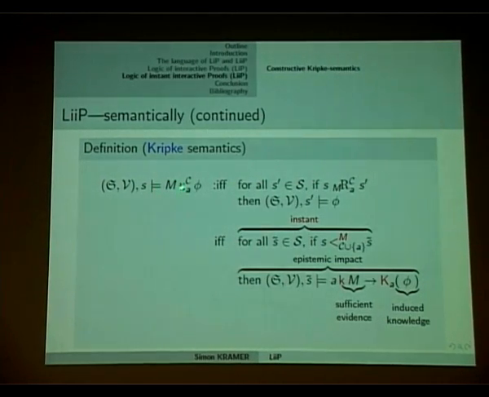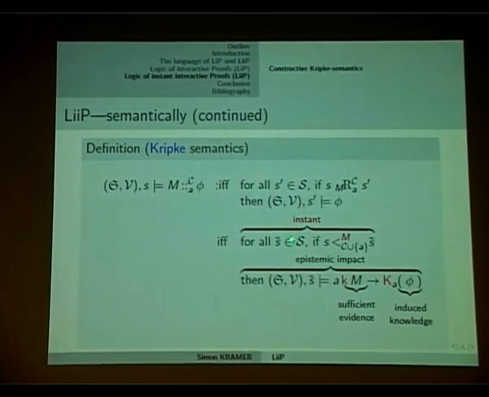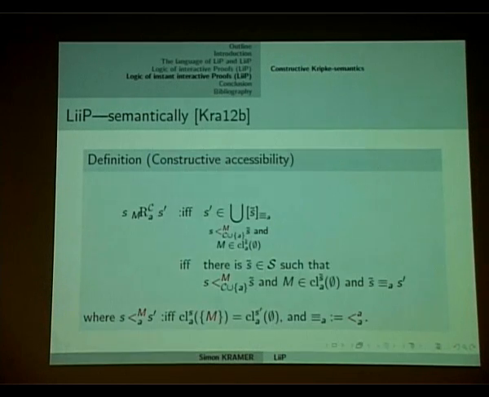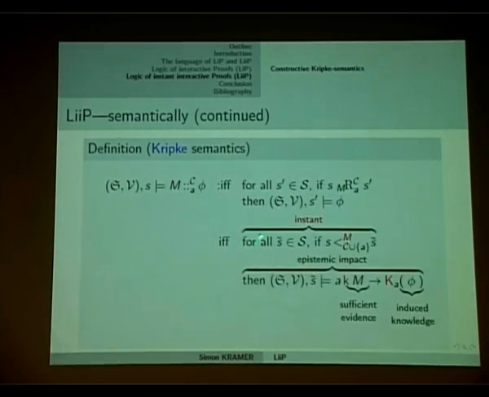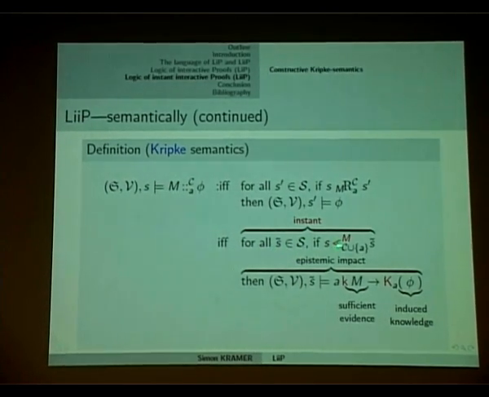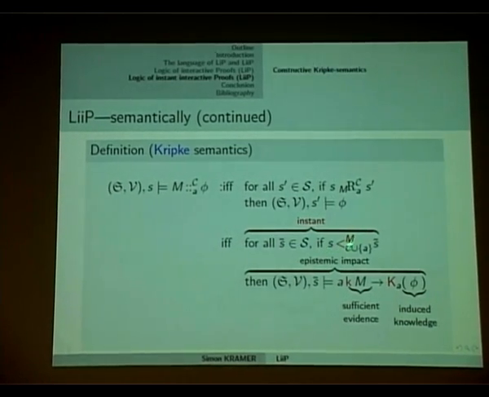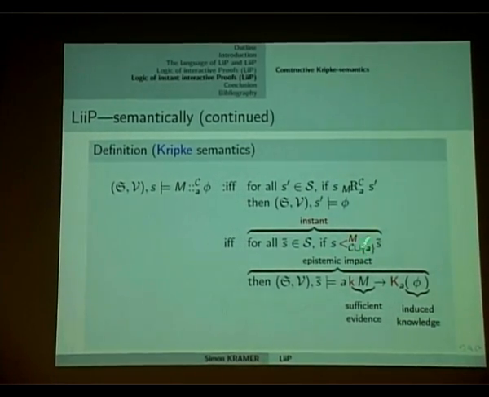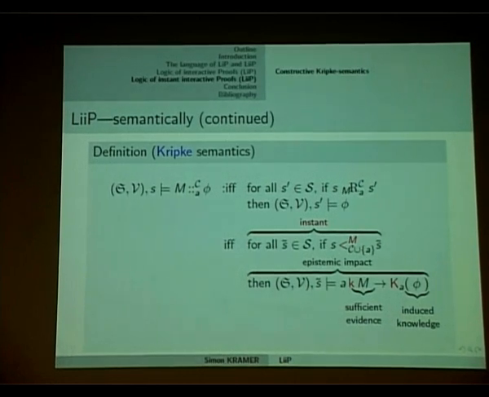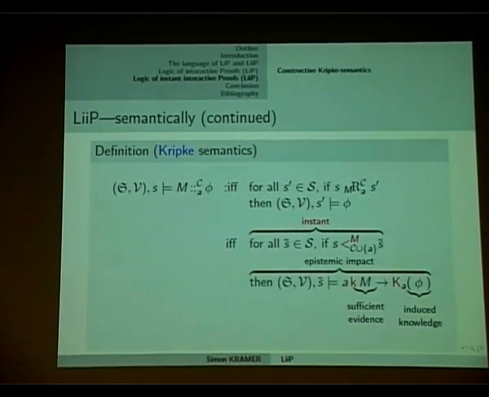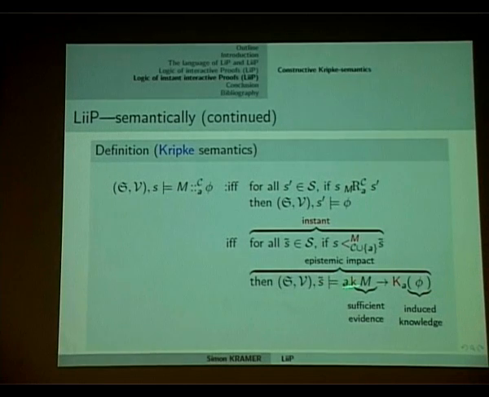You see, this modality has this semantics, and you can unroll it so that this becomes equivalent to this. So I quantify over all worlds that are just a bit richer than the current one. Namely, you just add the message M. You add the message M to the current state, and that's it.